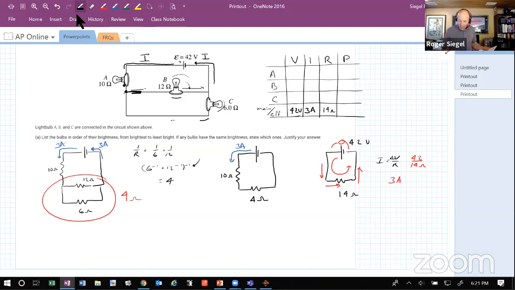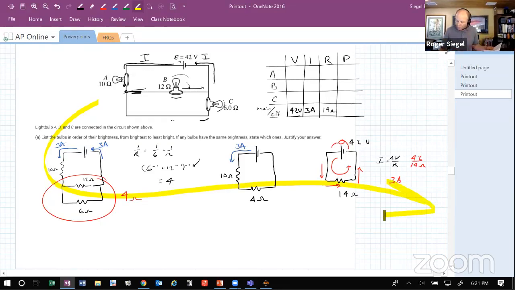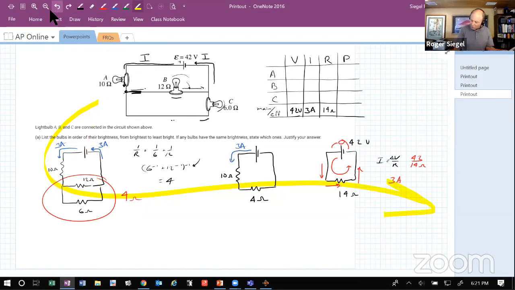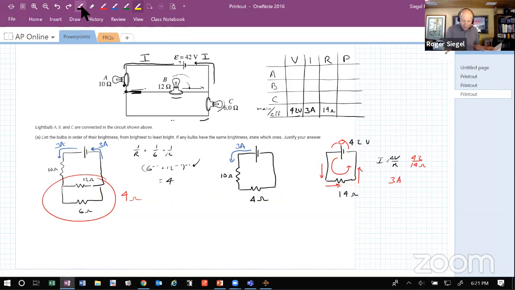Now we're going to move backwards. Just bear with me for a second. We spent a minute going this way, right? Now we're going to go back the other way. We're going to start to fill in information in the reverse order. So now that we know that this is 3 amperes, we can find the voltage drop across this resistor. And how do I do that?